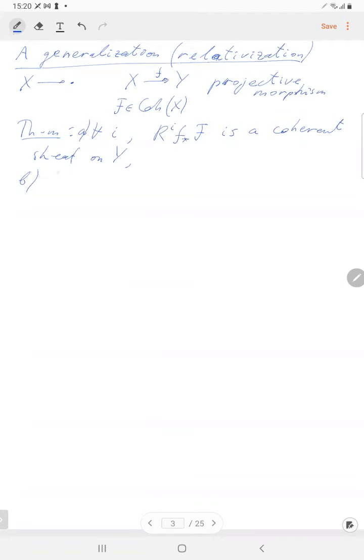And again, we have a coherent sheaf on X, and the generalized theorem says that for any i, the higher direct image of F is a coherent sheaf on the base, and also for big enough twist, these higher direct images, really positive higher direct images of your sheaf twisted, all vanish.